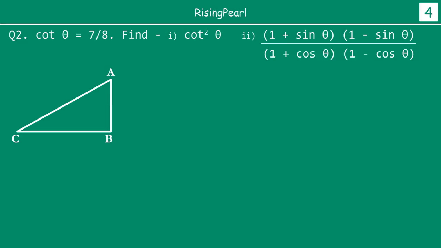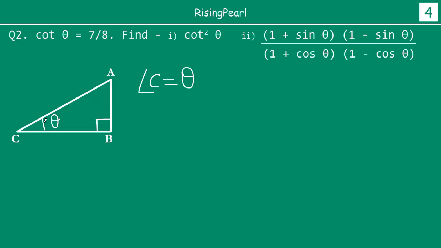So what we are going to do, friends, is that we have drawn a right triangle, and just to change it up a little bit, I have put this vertex as C and this as A. I'm going to assume that angle C is equal to theta, and you will see why we are doing that.